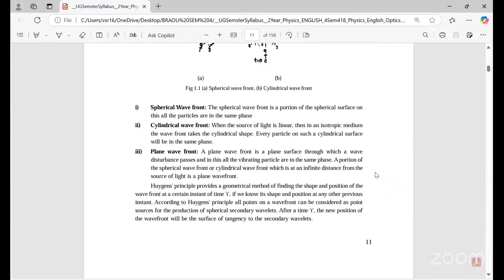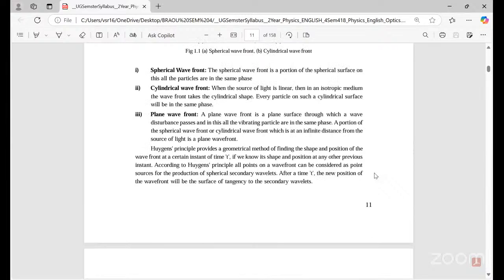What do you mean by spherical wavefront? The spherical wavefront is a portion of the spherical surface in which all the particles are in the same phase.